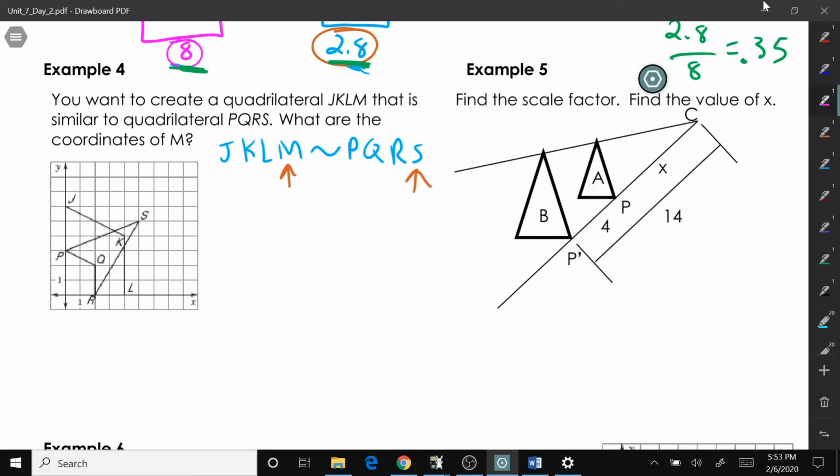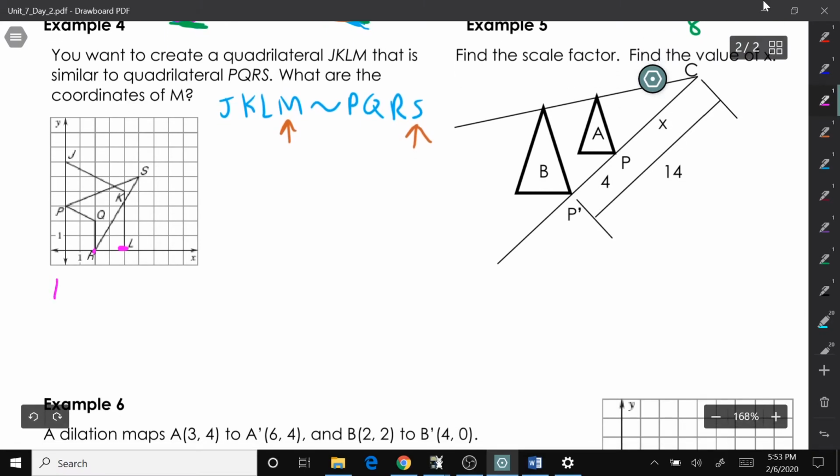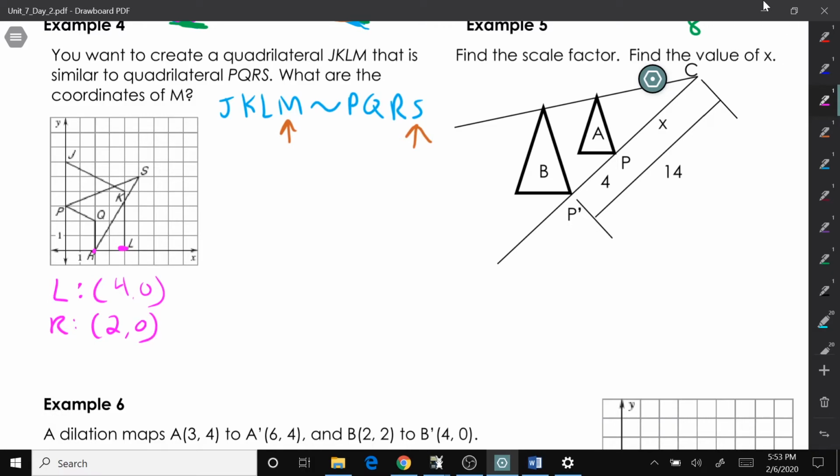What I would do is look at point R and point L, because those are corresponding. Point L is 4, 0, and point R is 2, 0. To calculate the scale factor, we can divide the image by the pre-image.